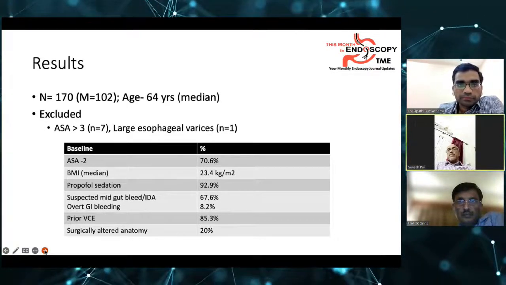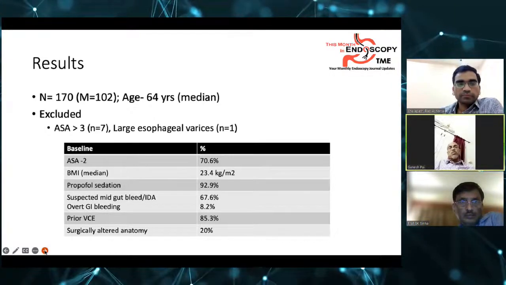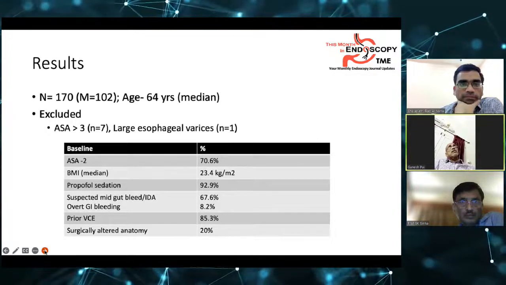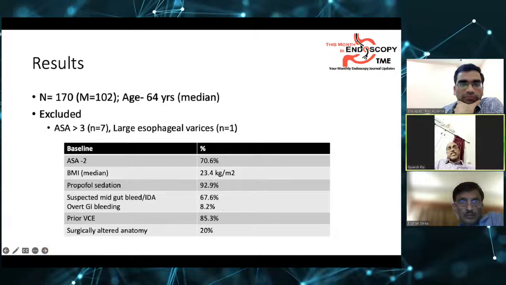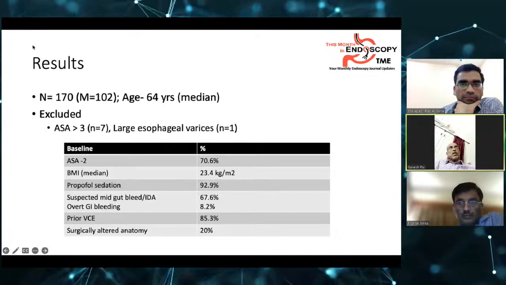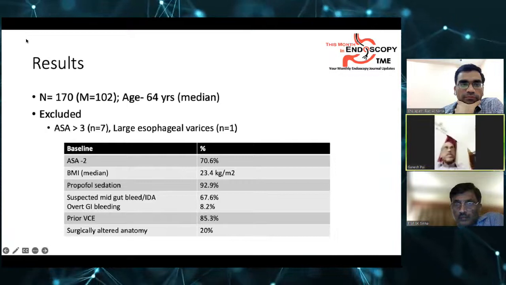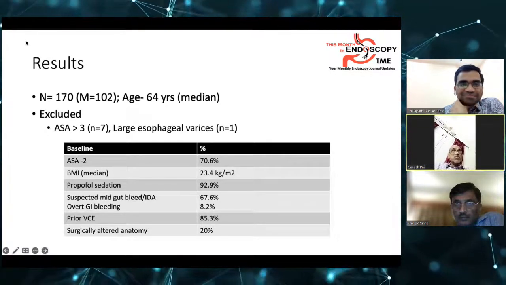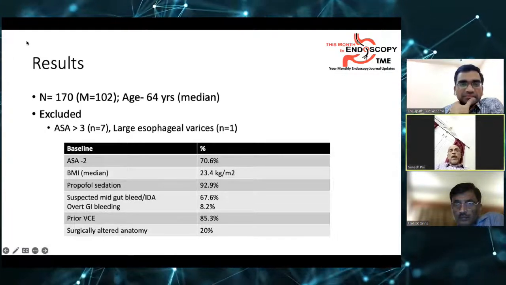The second thing is there was a proportion of patients with altered anatomy. But if you actually look at it, many of them are colonic resections or strictureplasties. So it is not the kind of altered anatomy where you might expect a difficulty in intubation, like side to side, end to end, or end to side anastomosis.